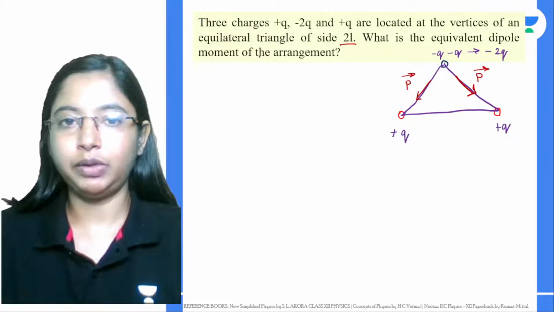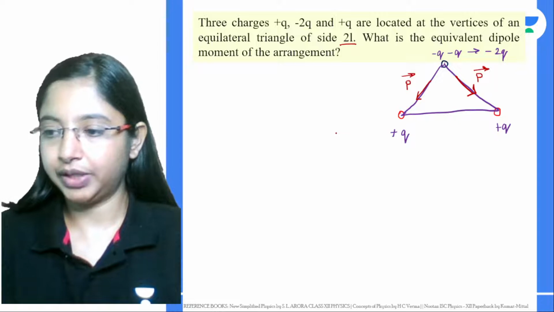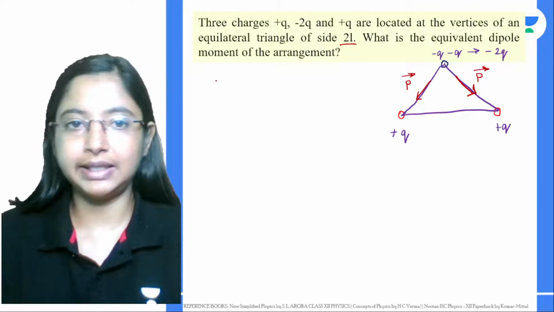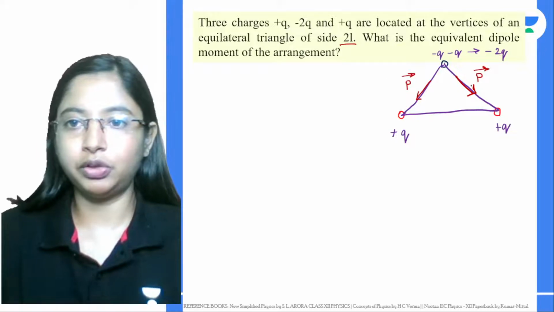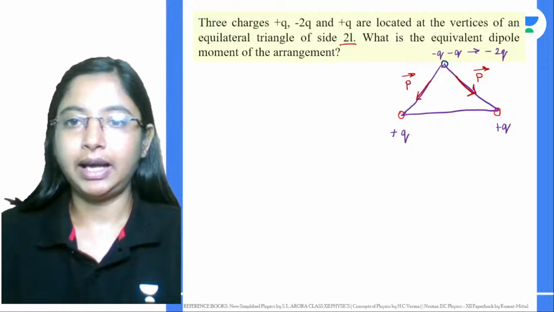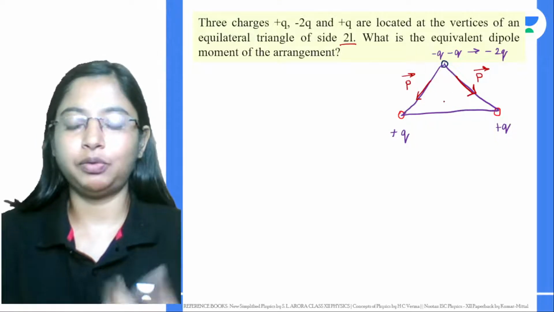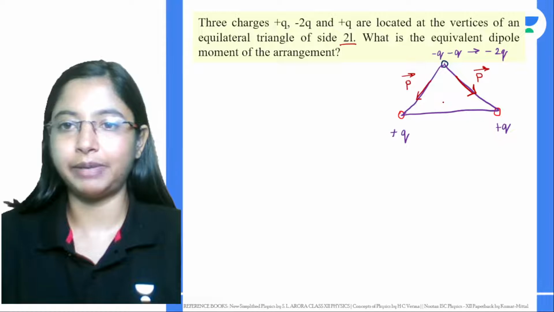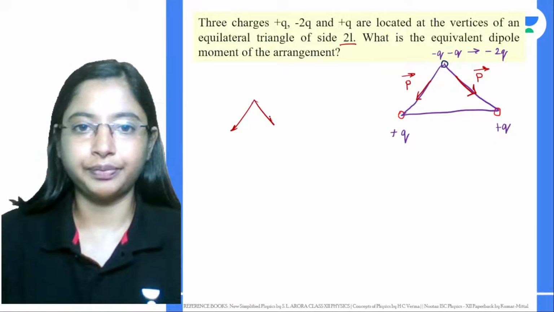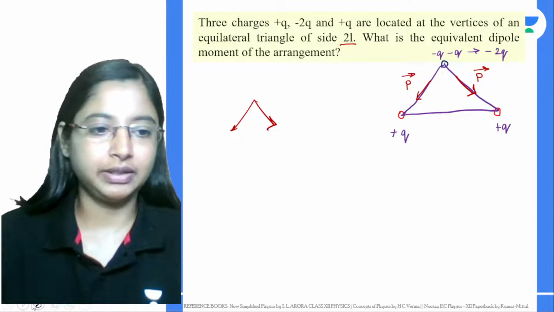Now, we have to find the equivalent moment of the dipole. If you want to find the resultant magnitude of both the dipoles, how do we do that? This is a vector quantity going in two different directions, so we have to find a resultant for it.